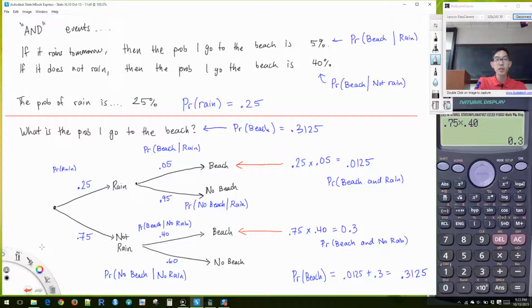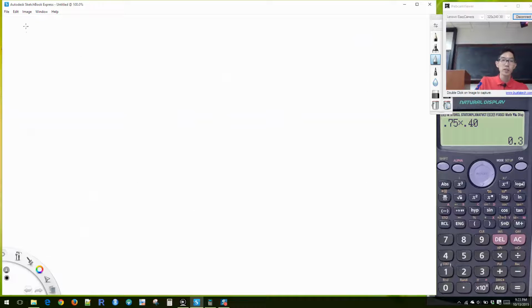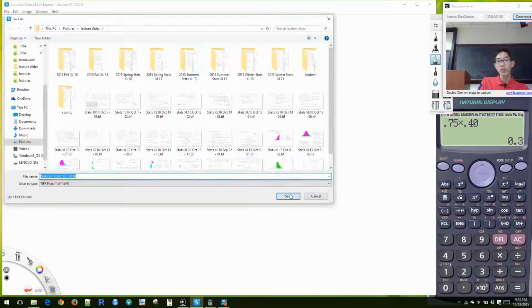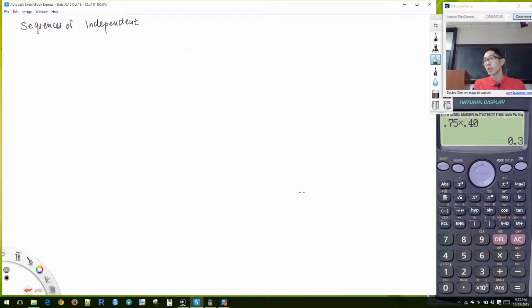Let's talk about sequences of independent events. In the previous example, going to the beach and whether it rains or not were dependent events, because the probability of going to the beach depended on whether it rained or not.